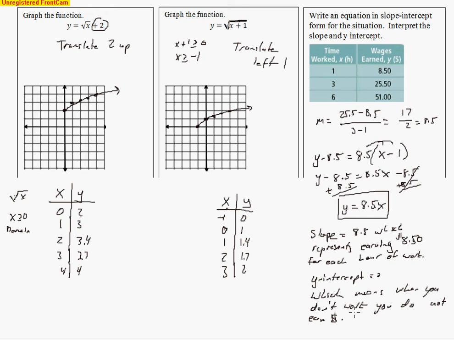You didn't start with any extra money. You started with $0. So sometimes you might get a sign-on bonus, where somebody might pay you a few dollars just to join their workforce, and in this case you did not get that. So you didn't start with any extra money, you just start earning from when you start working, and that's what the y-intercept represents. So those are the types of problems that you're going to see on this week's quiz.